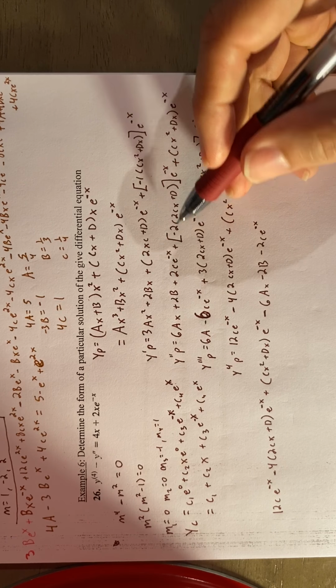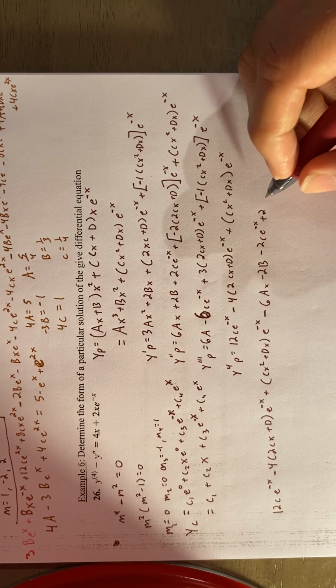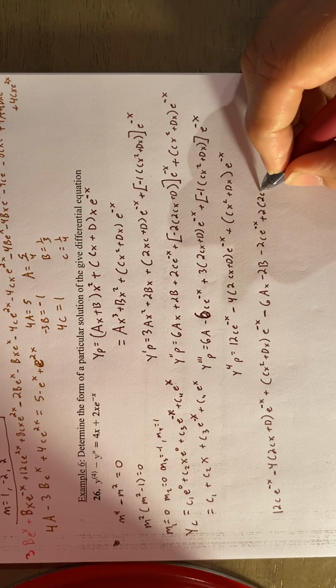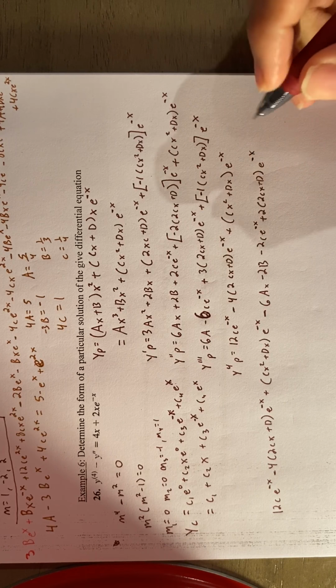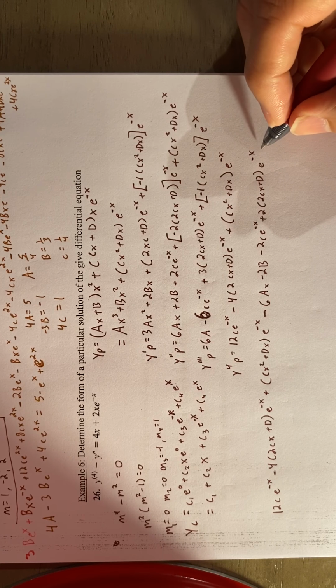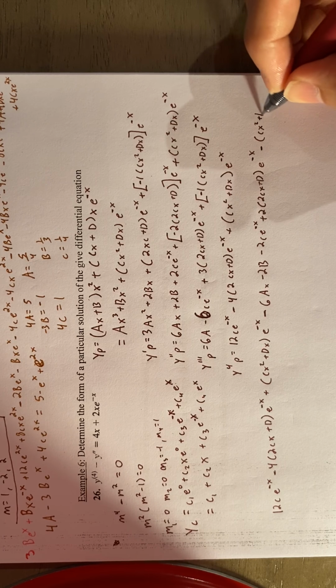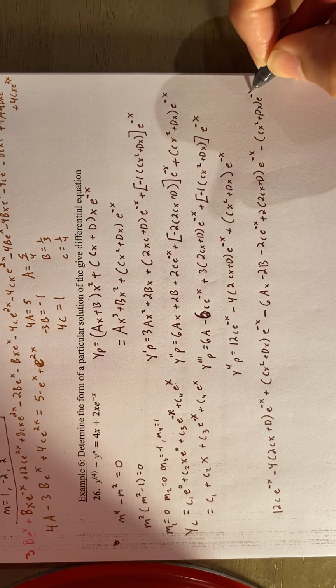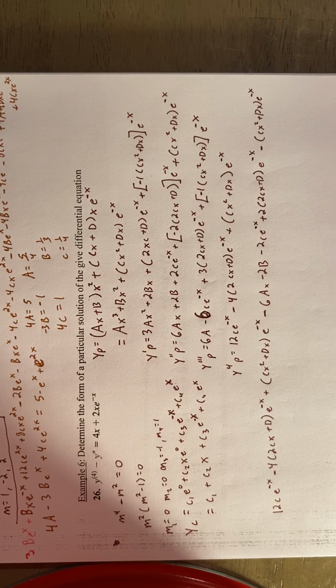This was going to be minus 2, so I could make it just plus 2, so plus 2cx plus d e to the negative x minus cx squared plus dx times e to the negative x. And that's all going to equal 4x plus 2x e to the negative x.